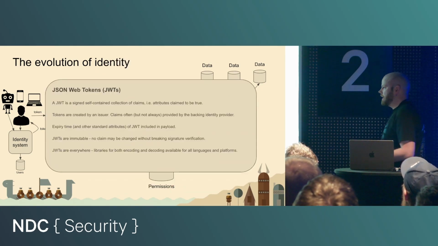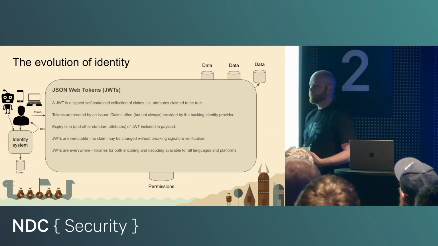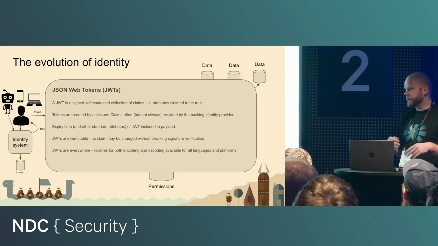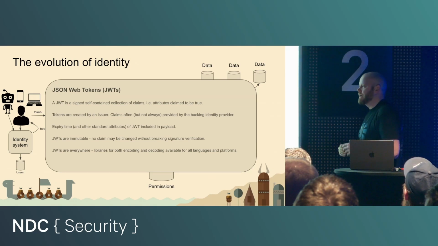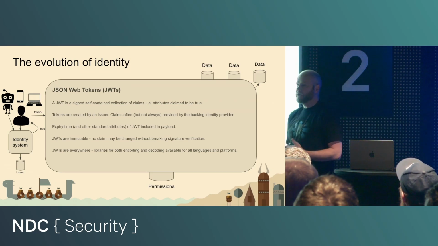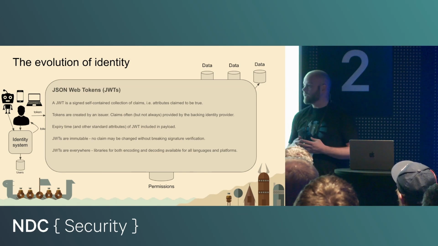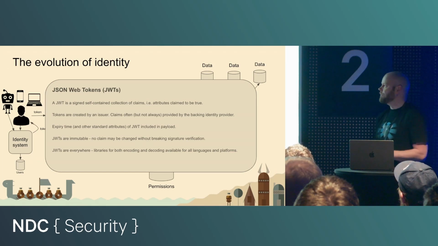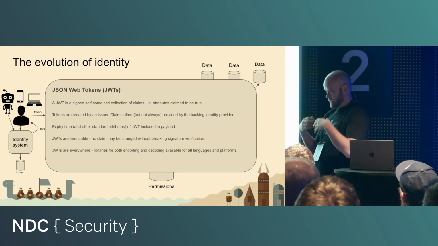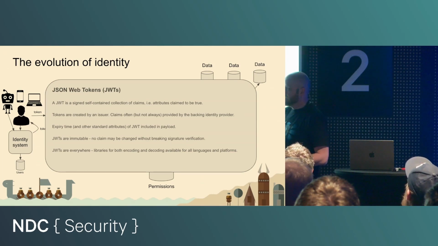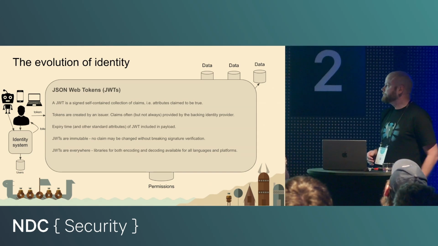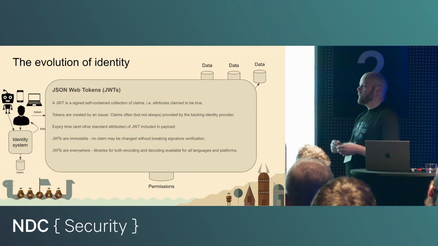So that's kind of the invention of the JSON Web Tokens. There have been a few other formats for doing this, but the main idea is largely that the tokens should be self-contained. So any data that we might need to know about this user or the client should be contained in the token. The token is digitally or cryptographically signed, so we can verify the token without reaching out.